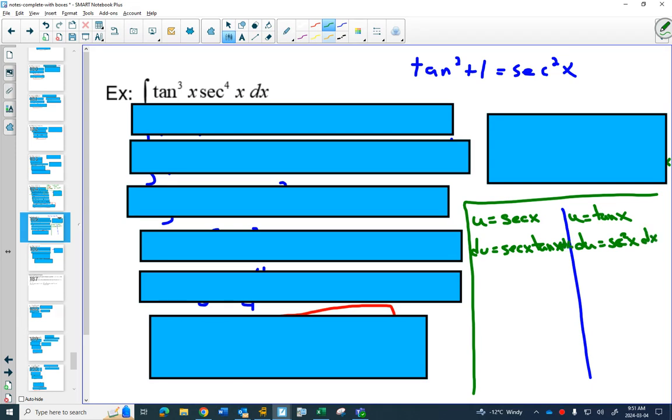These are your two main strategies that you can do. You're either going to make u secant x, or you're going to make u tan x. Because those are two derivatives you know. You can't make u tan squared x. Well, I guess technically you could, but you don't really know that derivative nicely. I guess that would be a third strategy if your first two strategies didn't work at all.